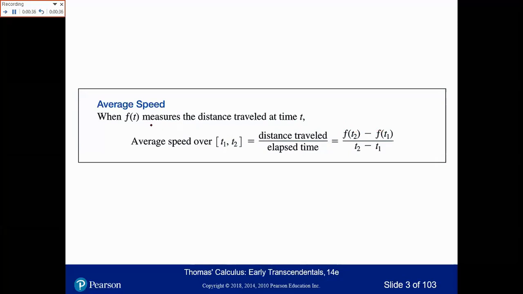Remember, f of t measures the distance traveled at time t. So f of t2 means the distance when you reach your destination, minus f of t1, the distance when you started.